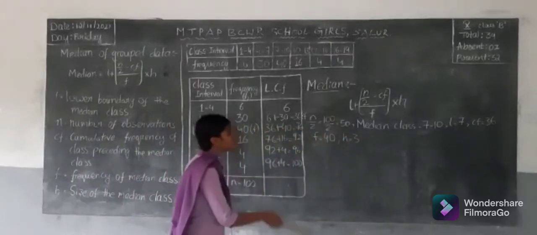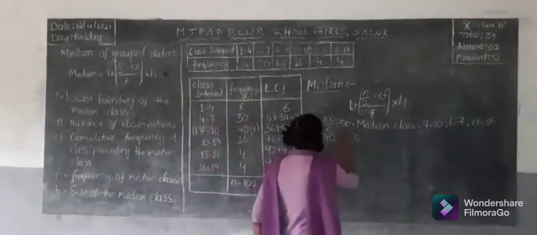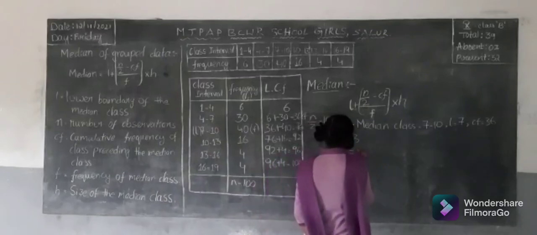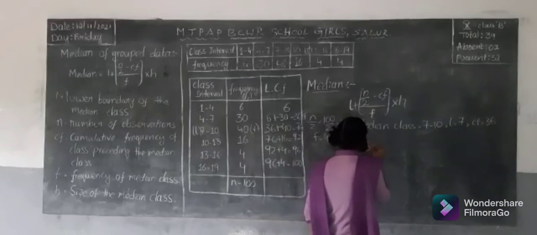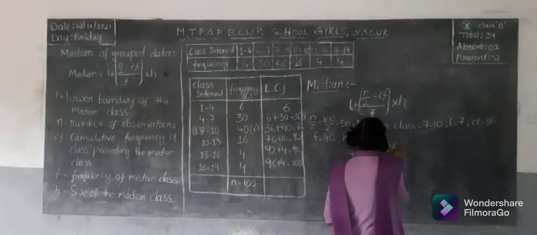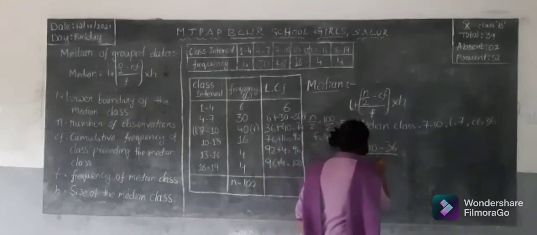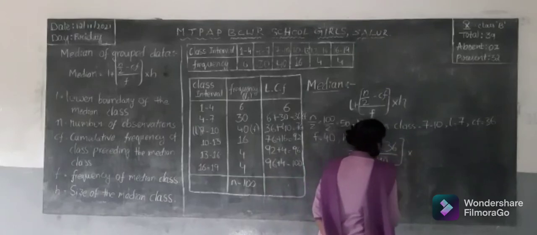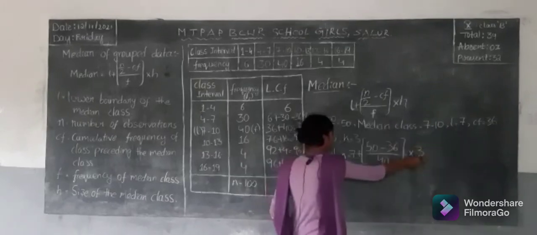Next we want to substitute all these values in the formula. Here L equals 7. So 7 plus, n by 2 equals 50, 50 minus CF equals 36, so 36 by F equals 40, into H equals 3.